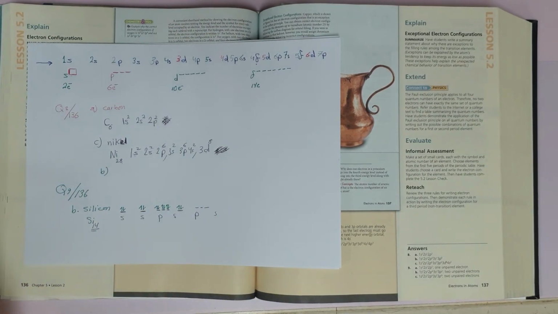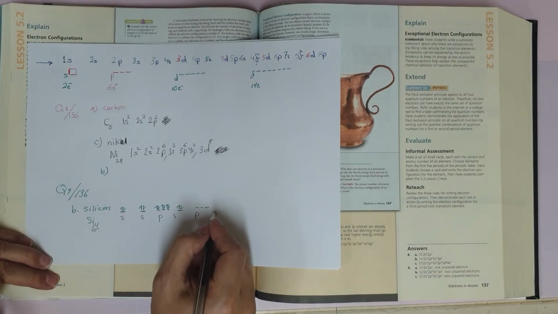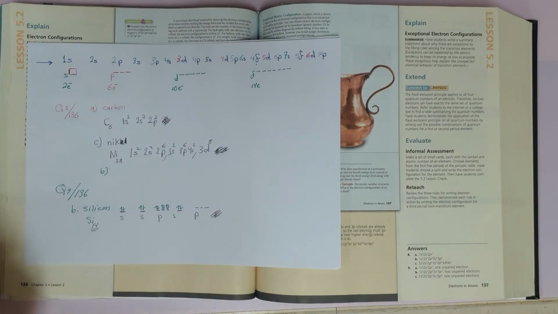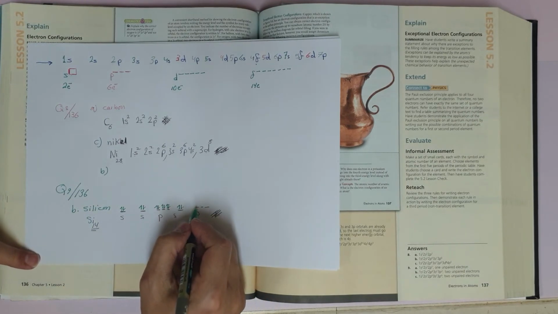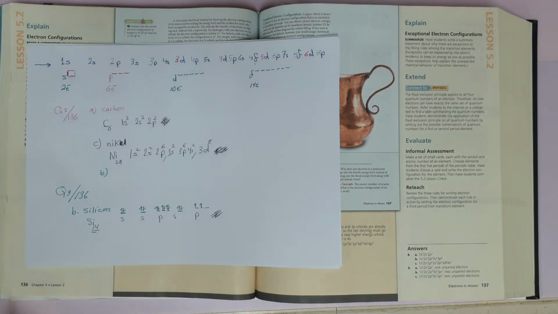We will not use this. How can we write the 2 electrons? 1 in the first orbital, 2 in the second orbital, as Hund's rule says.